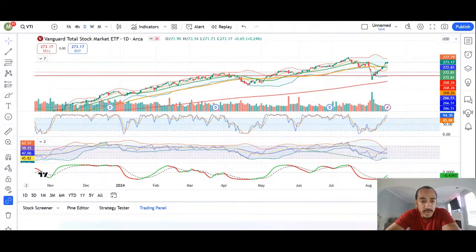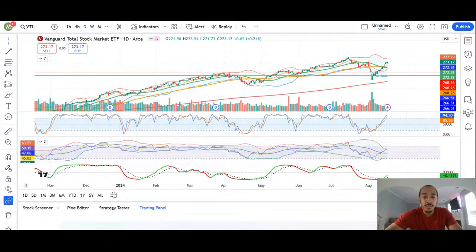So the stochastic indicator, this one also shows overbought and oversold movement, right? Underneath the chart, I got 3 different sections. The stochastic oscillator is the one on the top with the blue and the orange lines. Usually when those lines cross each other, it changes the direction of the market.